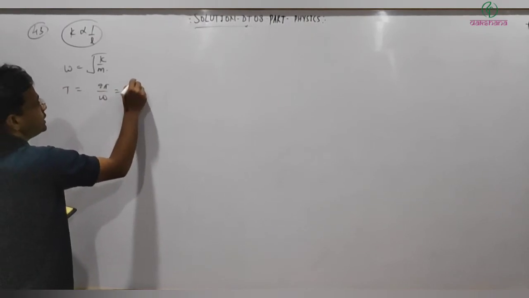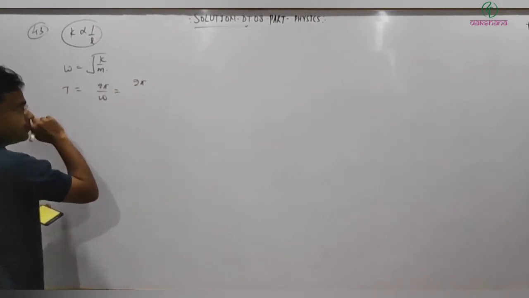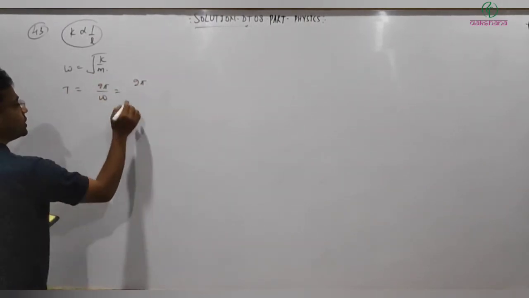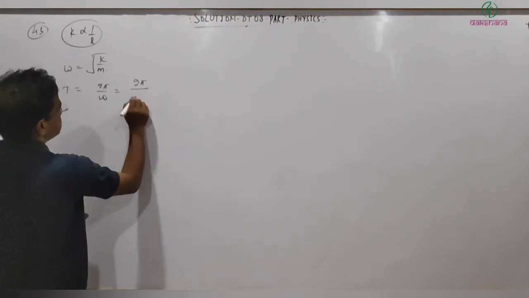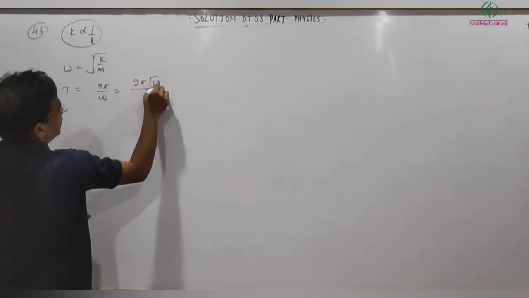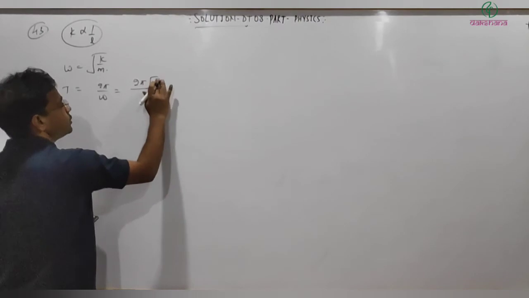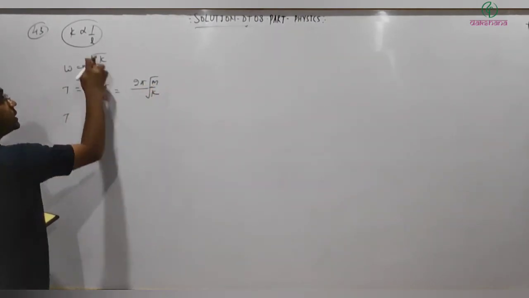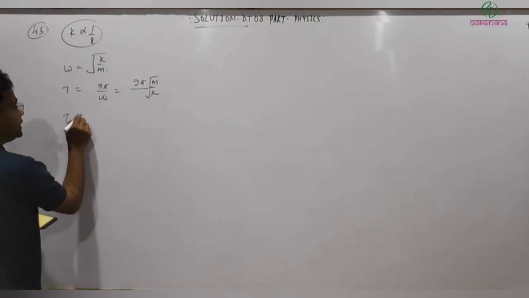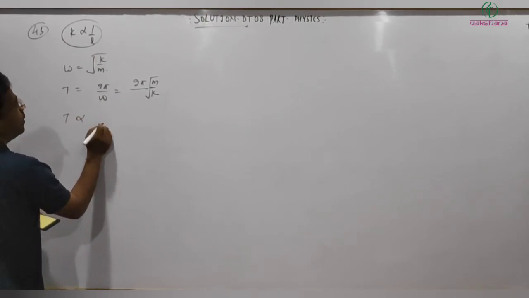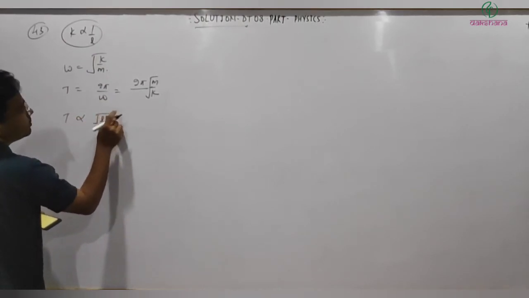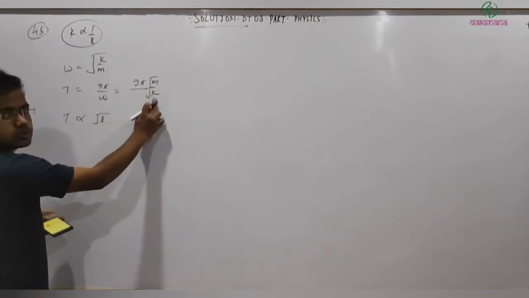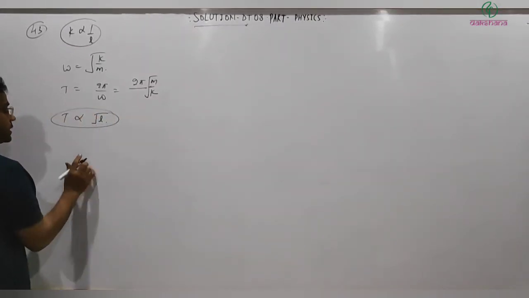Because mass remains constant, T is 2 pi root of m by k, and substituting this relation, T is directly proportional to root l, because k is inversely proportional to l.